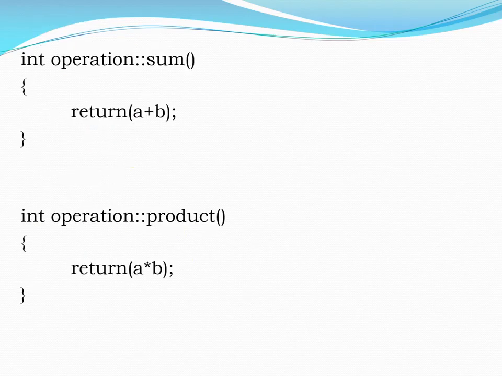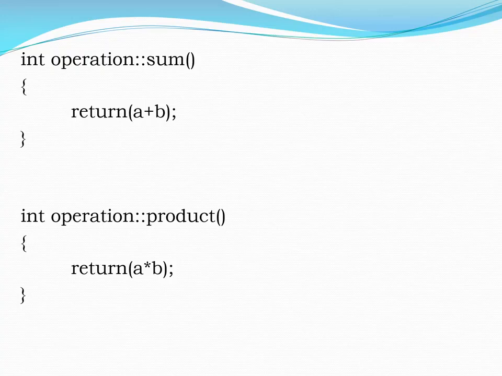Once we have declared all the member functions inside the class in this program, let us see how we define them outside the class. As we have seen in the syntax in the previous slide, we have created member functions called sum and product.